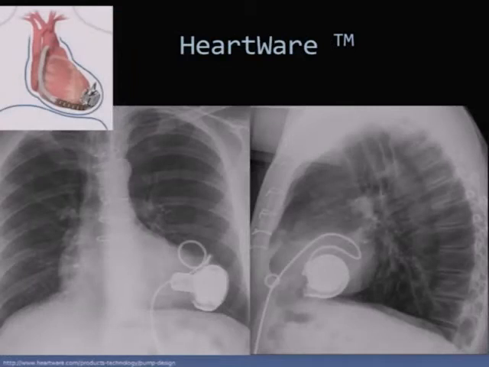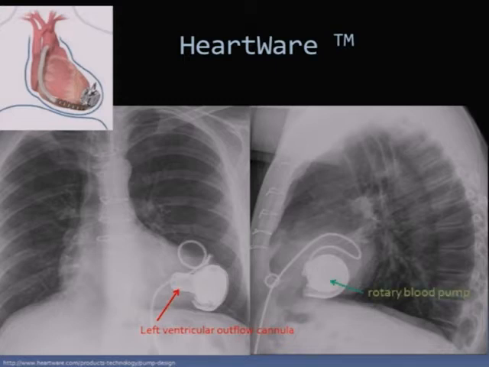Another left ventricular assist device that you've probably seen is the HeartWare, which has a much smaller footprint. It has the same purpose and the same functionality, it's just a much smaller device. You see the left ventricular outflow cannula, again placed within the left ventricle with a stab incision pointing at the mitral valve. The rotary pump is directly connected to the left ventricular cannula and provides, again, non-pulsatile flow.